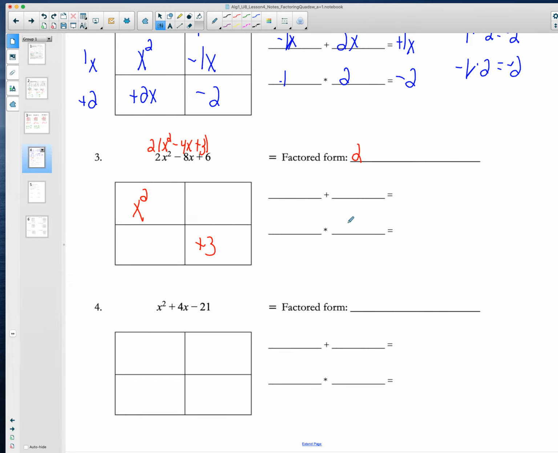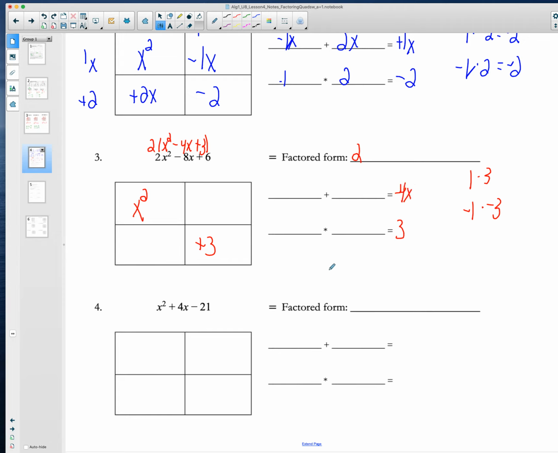Now when I do a times c, that's 1 times 3, that's what I have to get to. Once again, there's only 2 ways to get to a positive 3: I can do 1 times 3, or negative 1 times negative 3. Now this is the key, because I have to get to the b term, which is negative 4x.